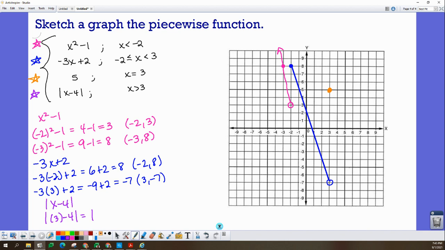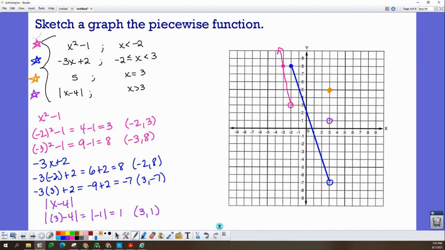And the absolute value of 3 minus 4 is -1. The absolute value of -1 is 1. So we would have the point (3, 1). But notice x is strictly greater than 3, so we're not going to include (3, 1). We have to use an open circle. So open circle at (3, 1).